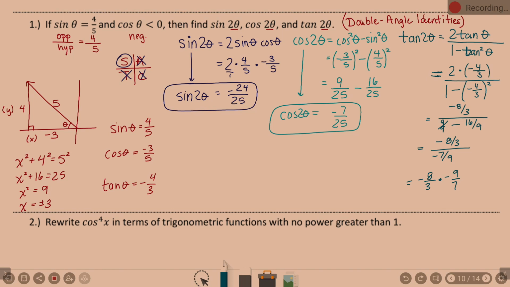I personally am a cross canceller, so I would cancel the 3 and 9. You can multiply and then reduce if you want. One way or another, you should end up with 24/7. And that was tangent of 2 theta.